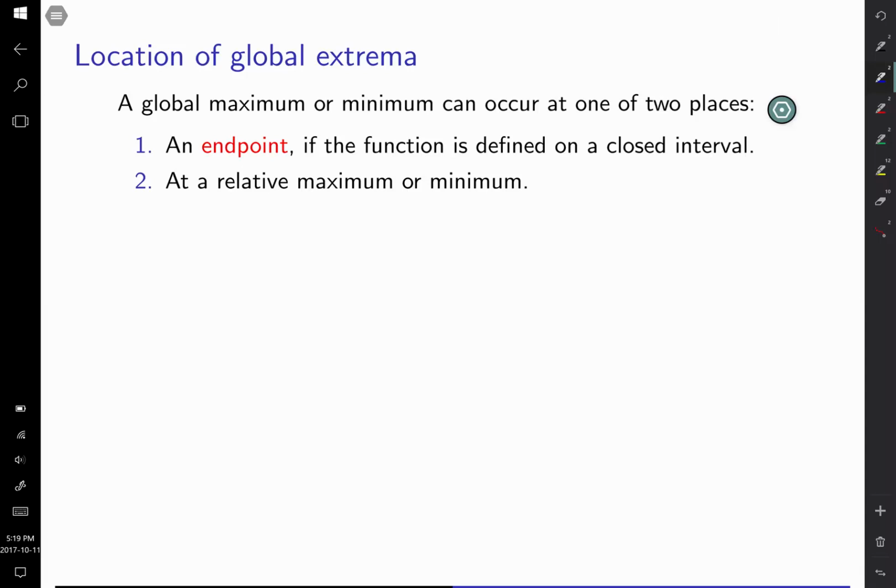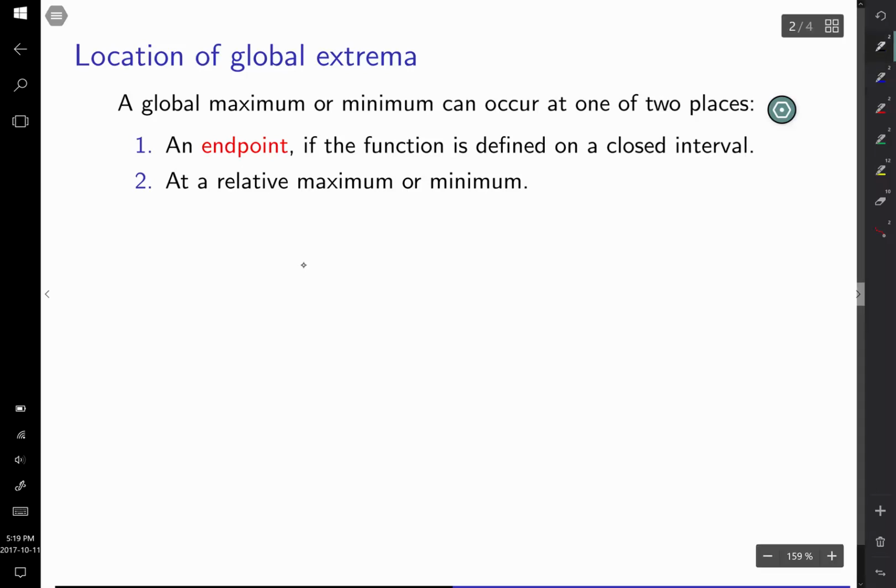So there are two places where your global max or min could happen. One is if you're dealing with a function on a closed interval, it might happen at one of the endpoints, right? You might be dealing with a function where the graph might look something like this, right?